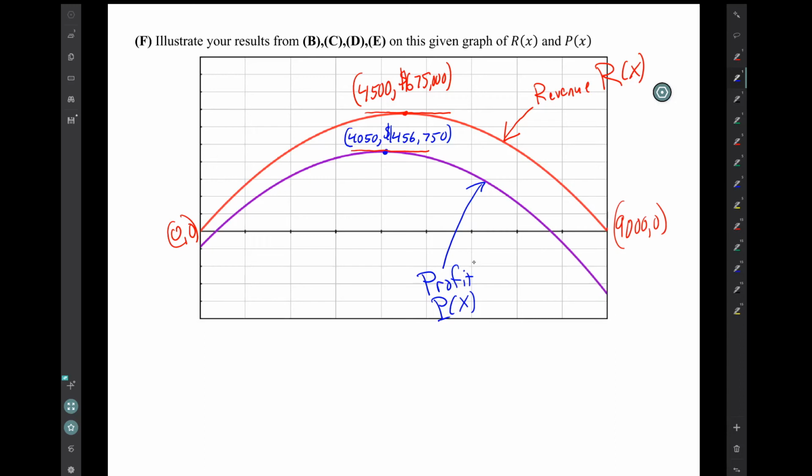Also notice a couple of things. Remember, you can't sell a negative number of items, so x can't be negative, and you won't sell things for a negative price. You won't pay people to come and take your items away. So revenue is always greater than or equal to 0. But you can lose money.